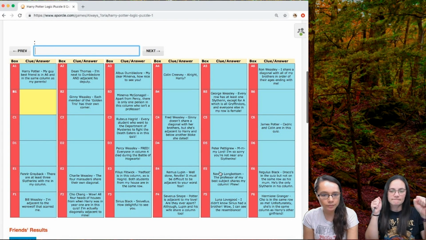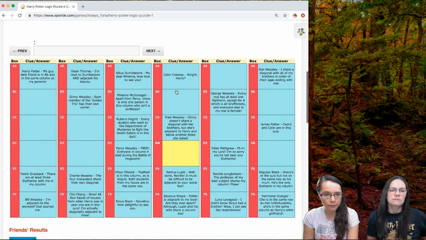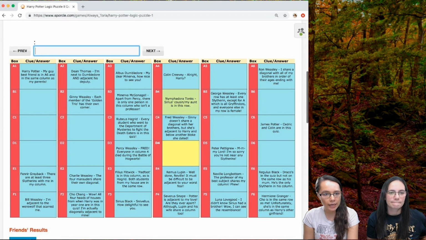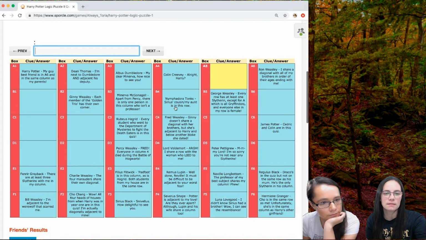Okay. Tonks is B4. Yeah. And Voldy is here, right? Yeah. And then Tonks says Bellatrix, her cousin, is in her row. And that has to be right, unless it could be here, like B6.